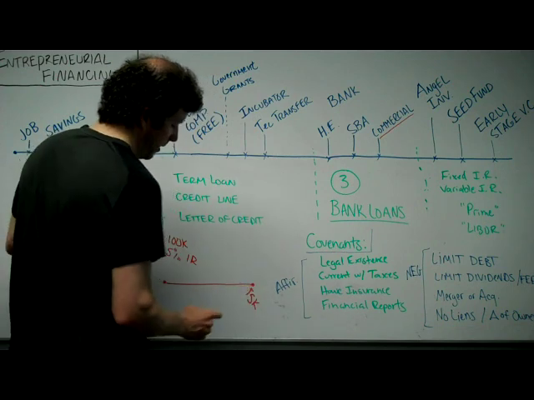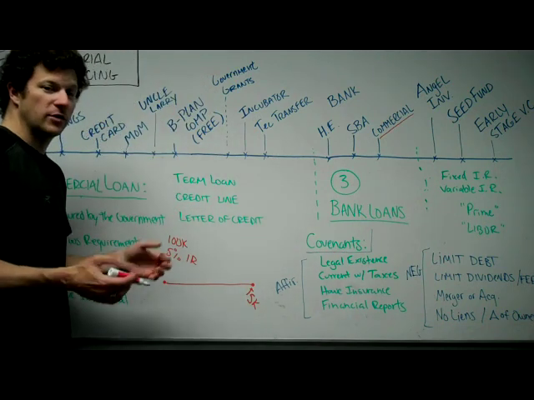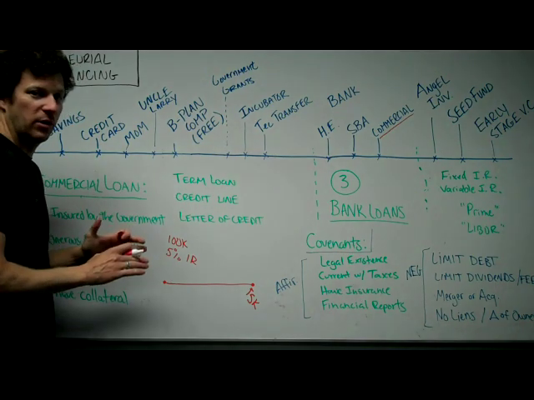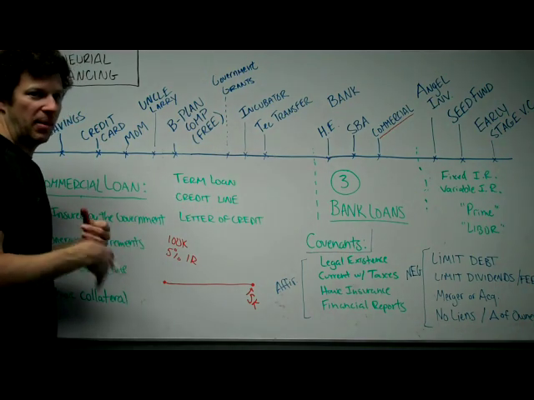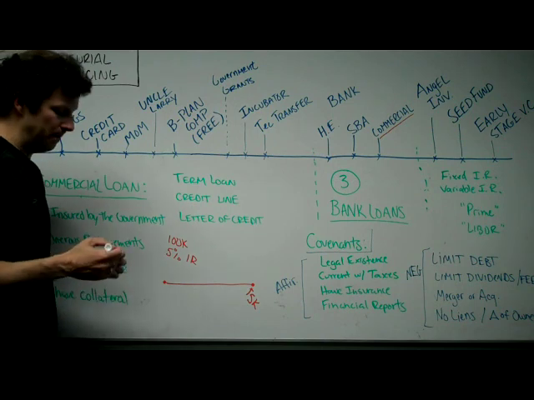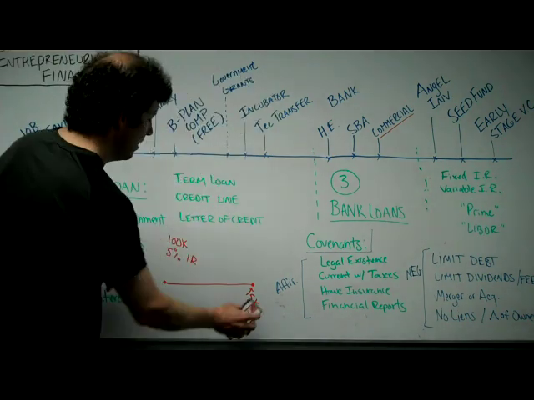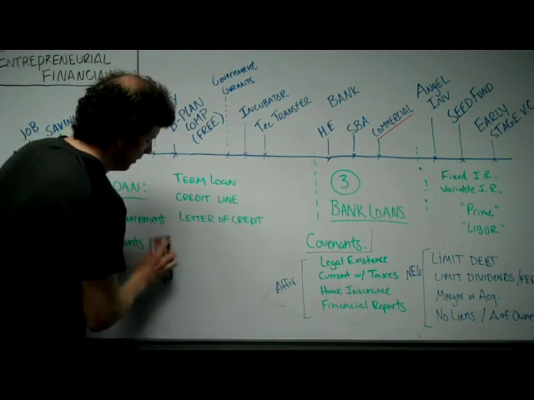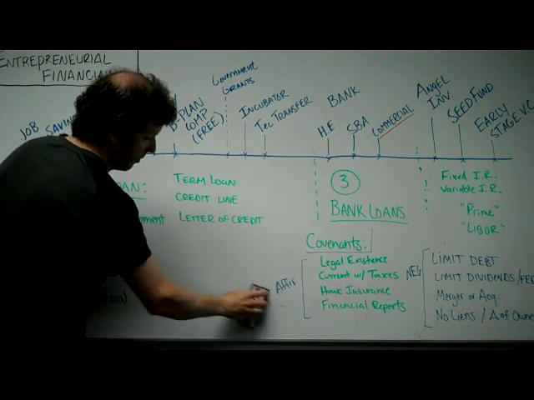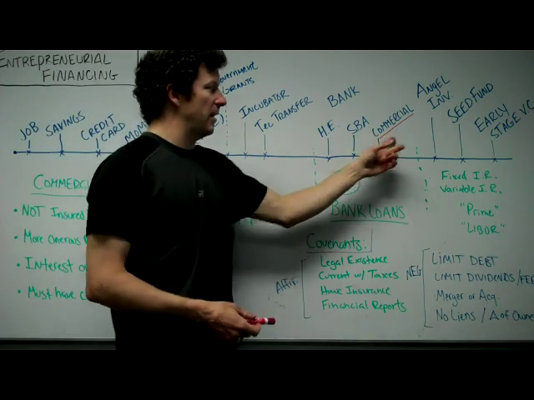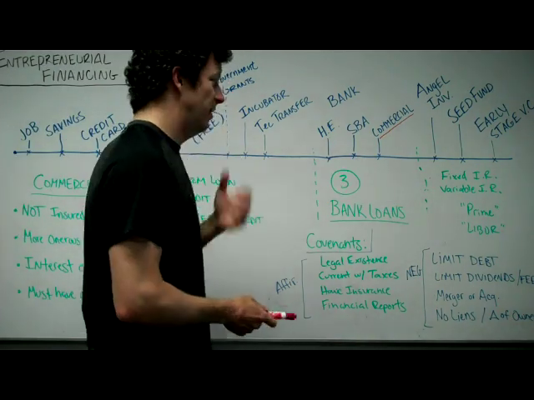I'm sure most of you have loans in real life of some sort, either car or mortgage, so you understand this process of paying back principal and interest at the same time over the course of time. So I won't go into that too much, but the idea around commercial loans is that they're going to earn interest income from you. So I told you these loans were limited and they had lots of rules. They really do.